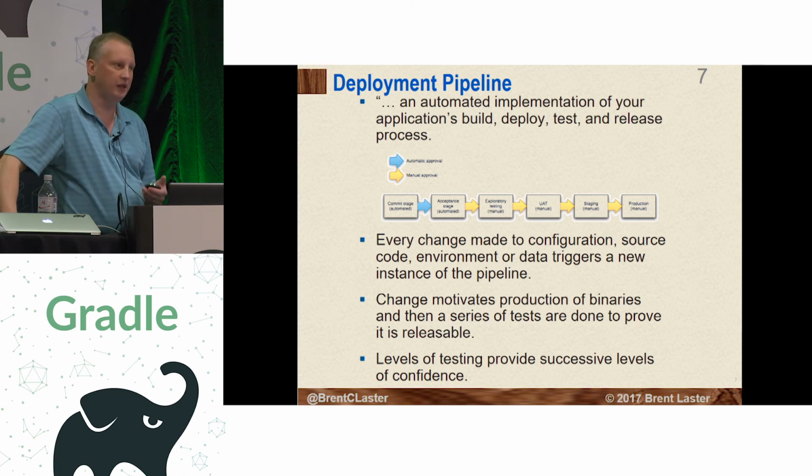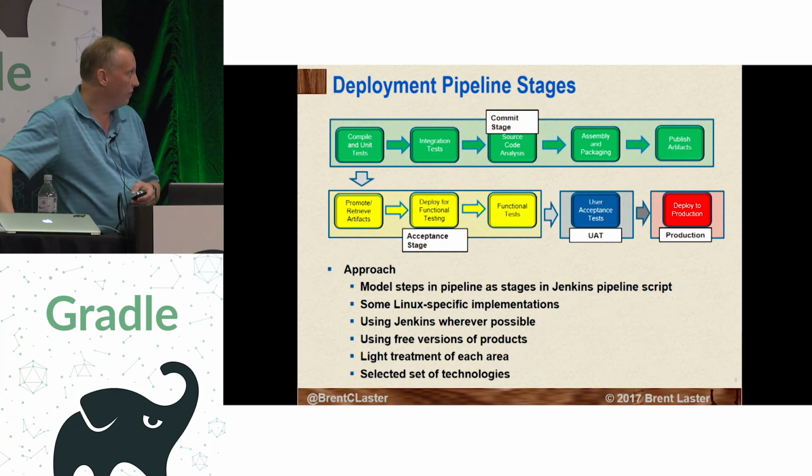All of those things should be there in a way that if your pipeline detects a change, for example, that something in your database or something in your configuration has changed, it puts it through a process as well. So it's not just your source code, it can be all the parts that make up your pipeline. The change then motivates production of binaries, and a series of tests are done to prove it's releasable. We put it through the testing stage, and you get successive levels of confidence as you go on.